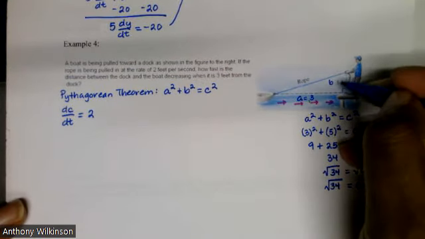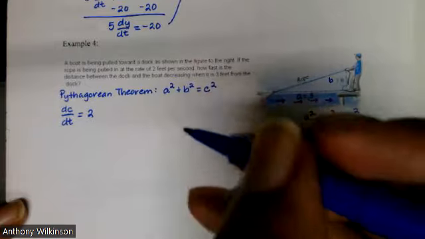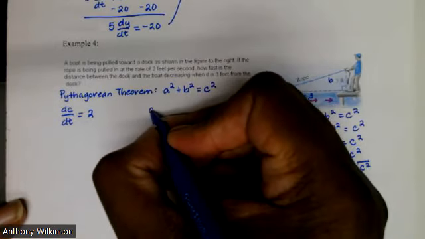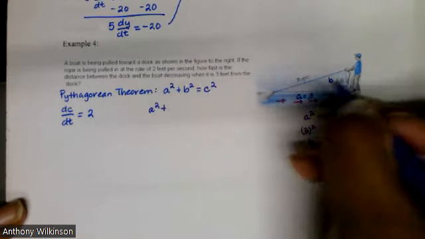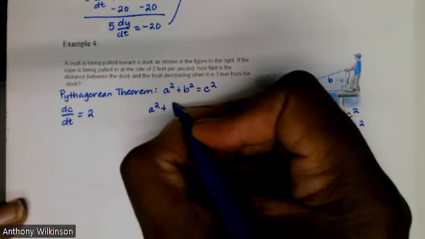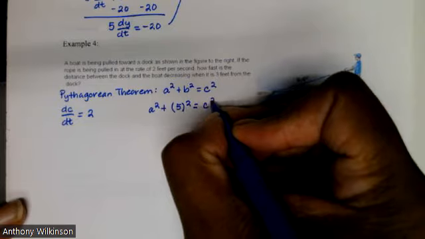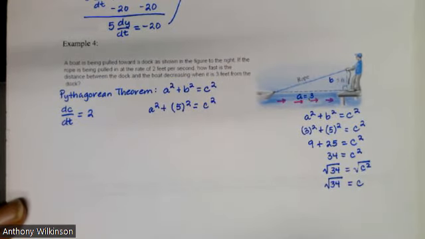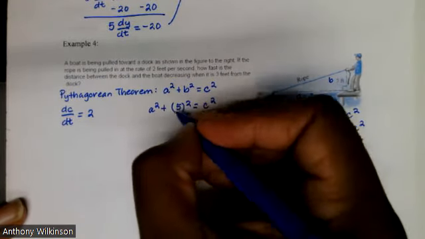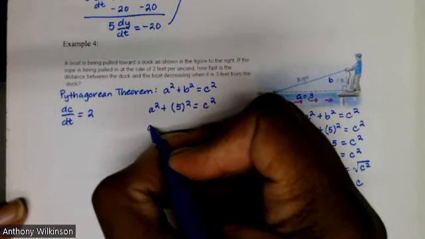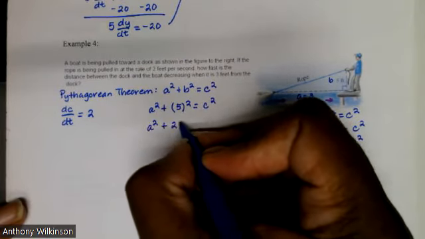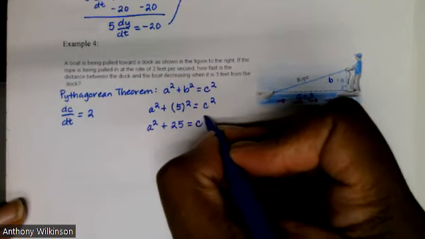Since B is 5, the formula that we're going to be using here is A squared plus 5 squared is equal to C squared. That's the equation we're going to use. Then 5 squared will be 25, so A squared plus 25 would be equal to C squared.